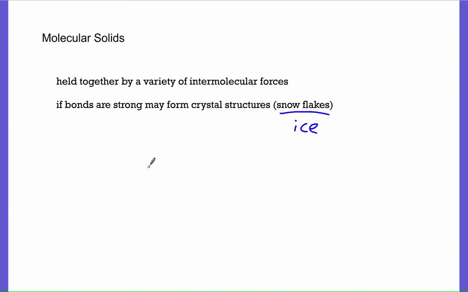But this time I don't actually have ions, I have water molecules that just happen to be very polar. But because of the shape of those water molecules, because they're bent, I can't get a very regular structure out of this.